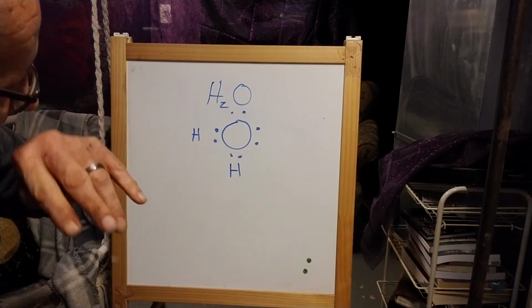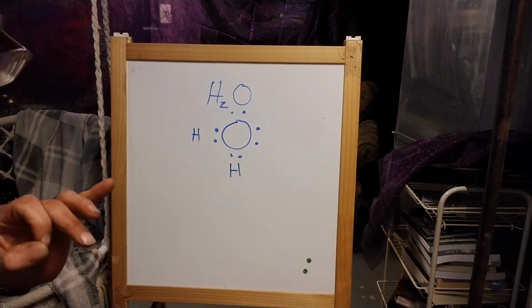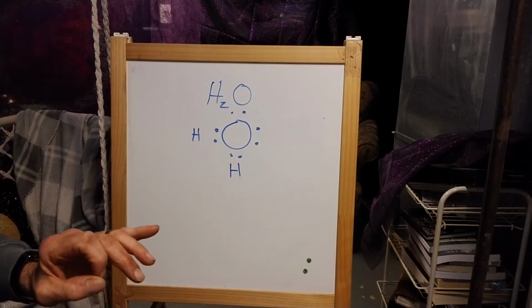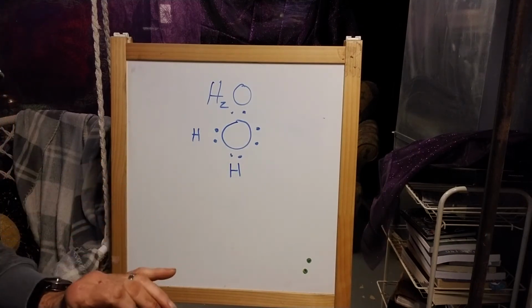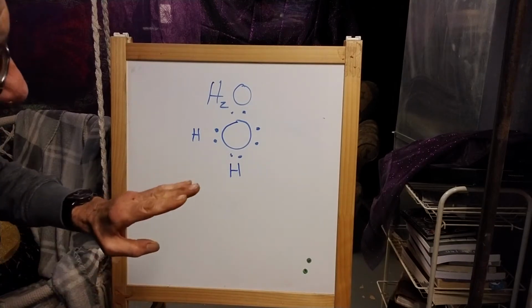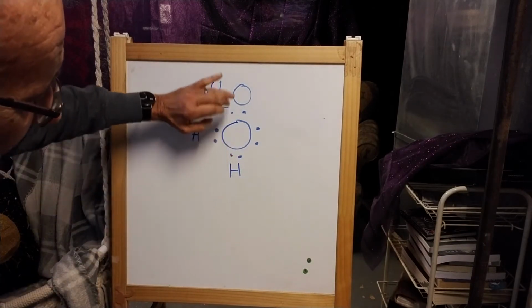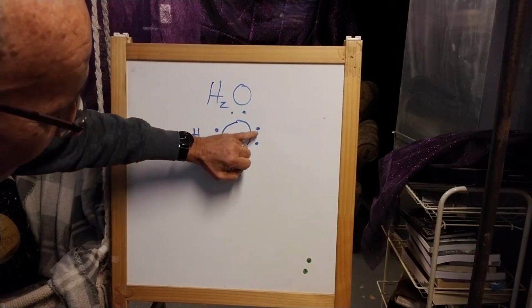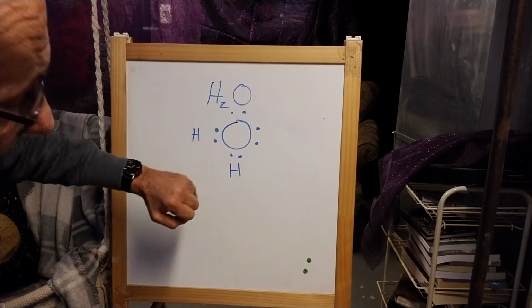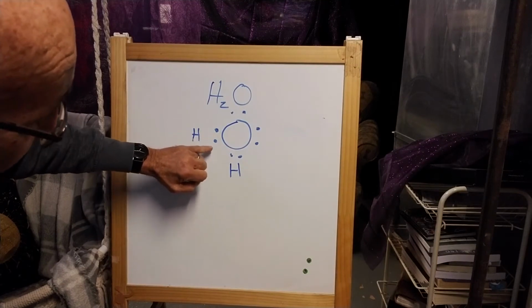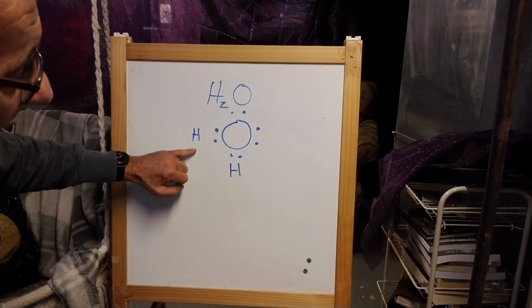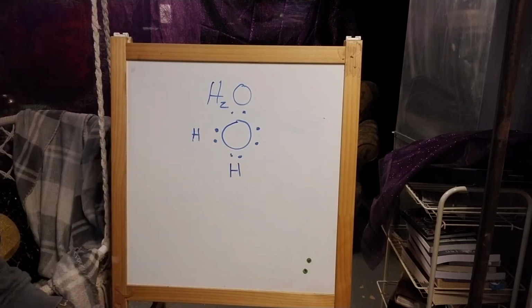And it has its own unique structure, which if it didn't have, much of life wouldn't exist. We'll get into that in the future, but for this simple drawing, notice the oxygen has 8 electrons in its outer shell. Hydrogen has 2 in its outer shell, so they're happy. So water is very stable.